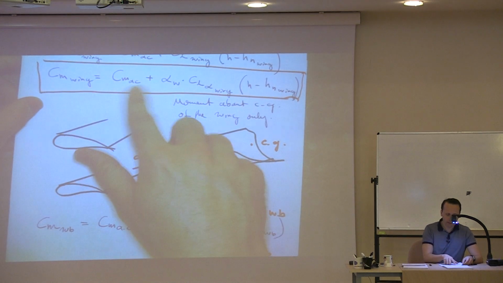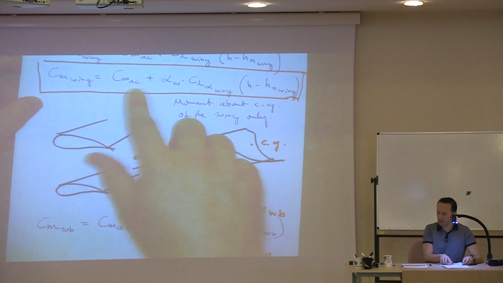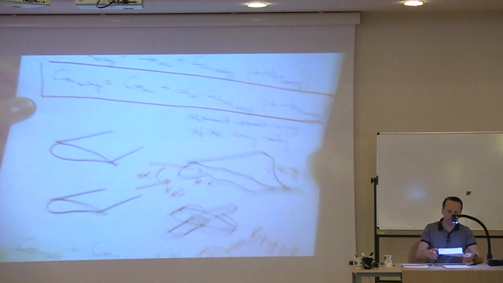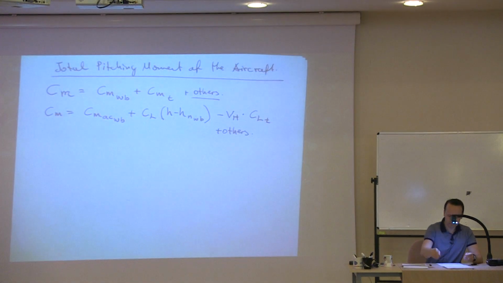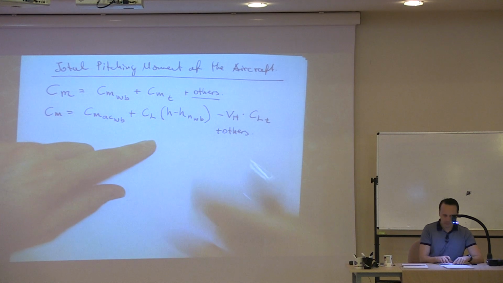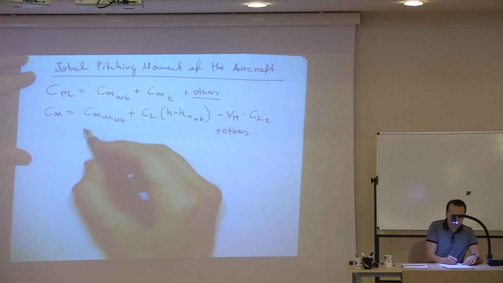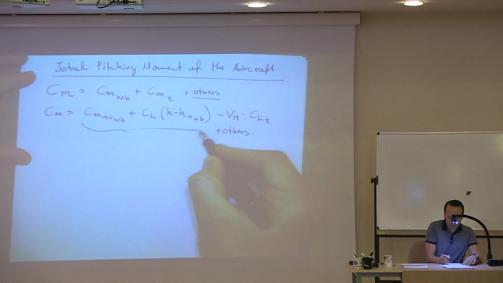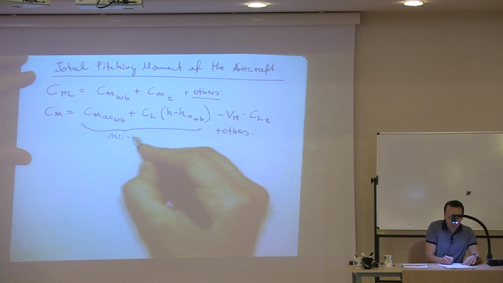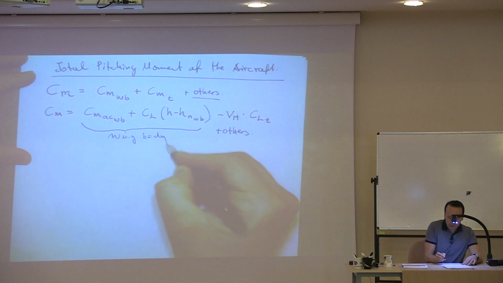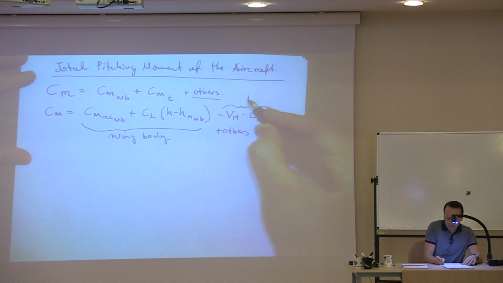So it's the wing, it's the moment around the aerodynamic center, the angle of attack of the wing, and so on and so forth. So it's all here. Okay? So this is what it looks like. This part here belongs to the wing body, and this part here belongs to the tail.